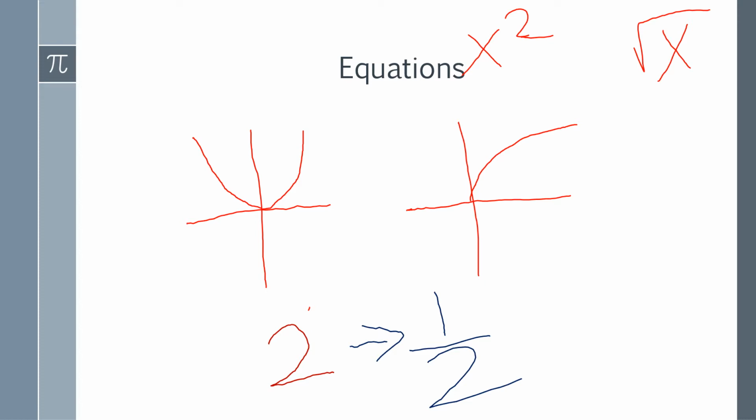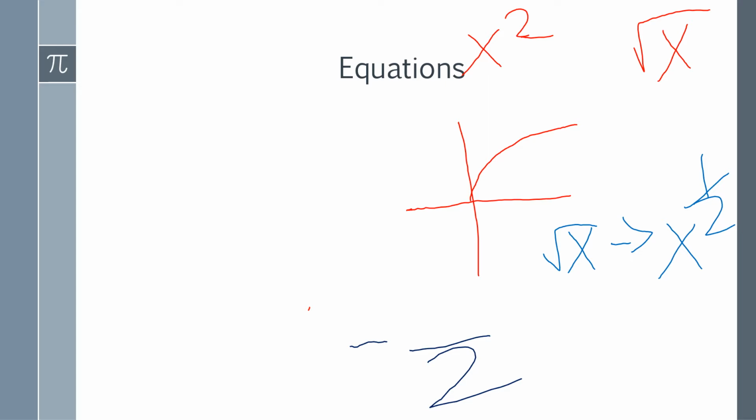Now get back to your 8th grade, you know that when you have a square root of x, this could be rewritten as x to the half power. So that's the reason why we are dealing with quadratic and square root functions or equations.